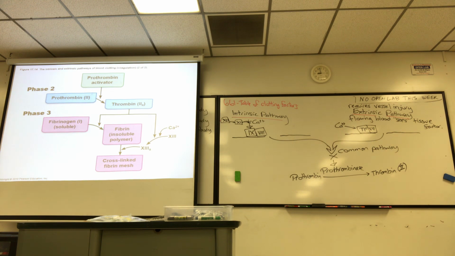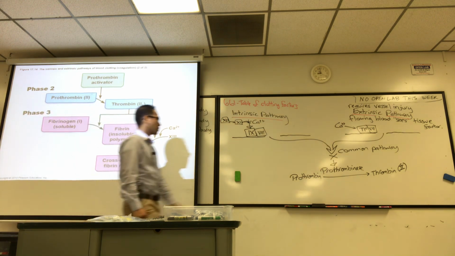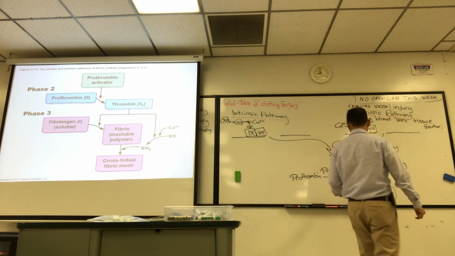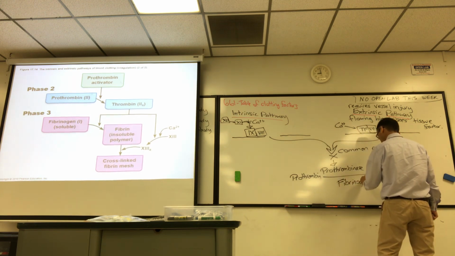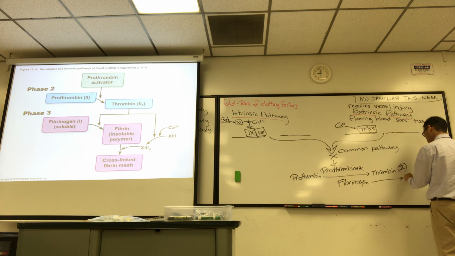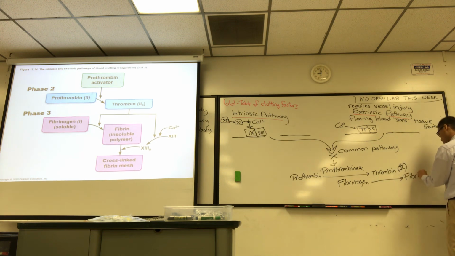Let's get the thrombin. It will get you your clotting factor 1. So thrombin will convert fibrinogen to fibrin. That's our clotting factor 1.